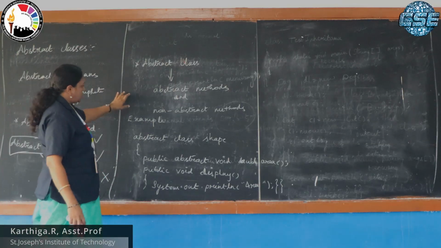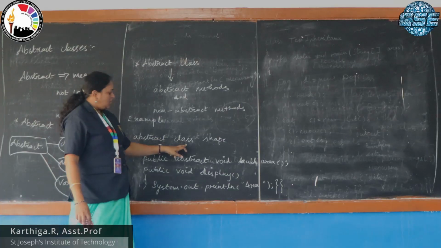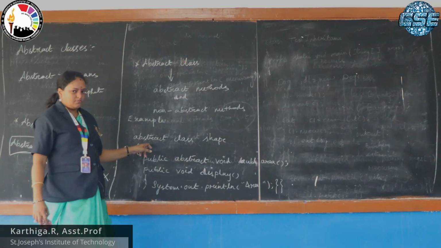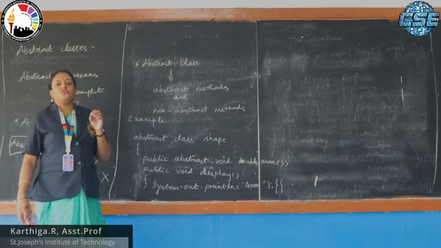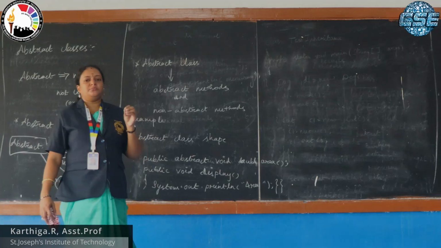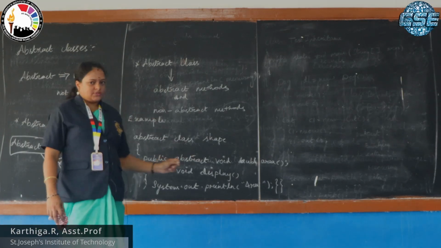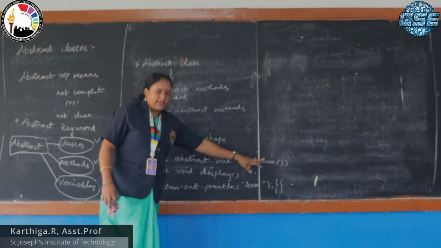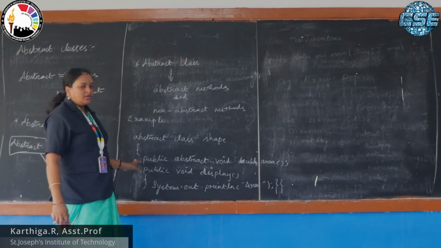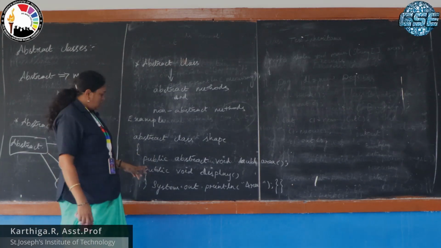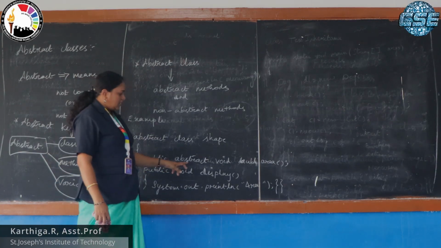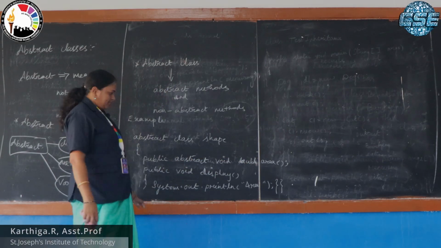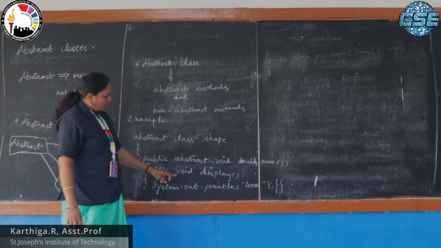See here, the example shows abstract class Shape. The class is declared as abstract because it doesn't have a full, complete implementation. So a partially implemented class is an abstract class. Next, public abstract double area. This is the syntax for declaring an abstract method. You should have the access specifier, the abstract keyword, return type and method name. Next, public void display.